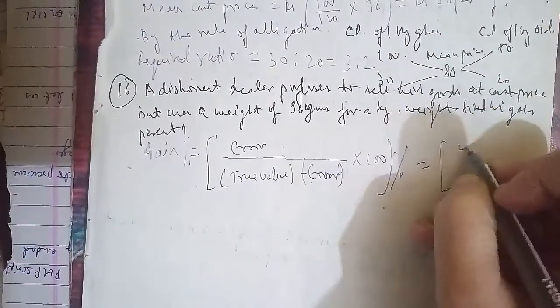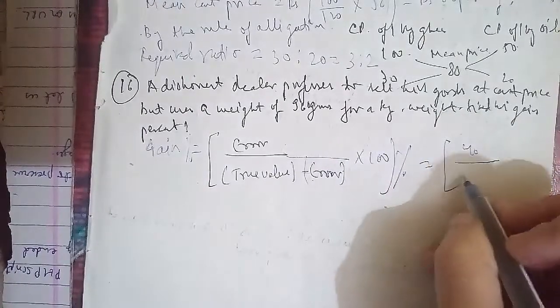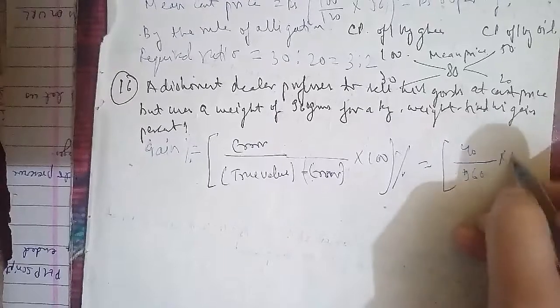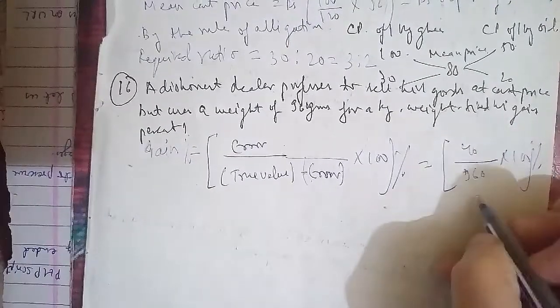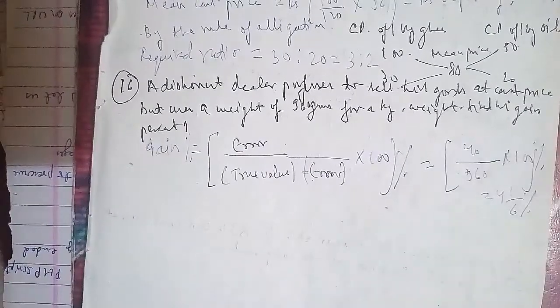So error we have 40, upon true value minus error, that is your 960, into 100%. So we'll get the answer here as 4 1/6%, that we have as an answer here for the same.